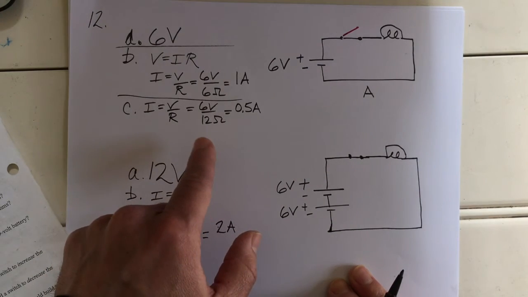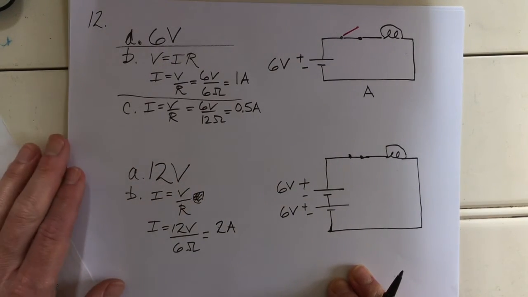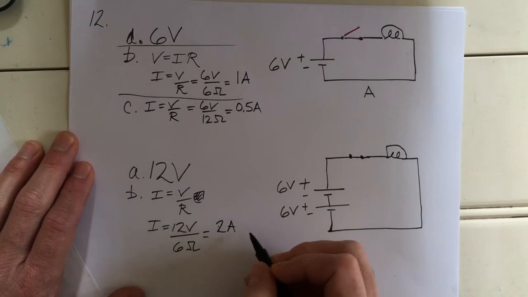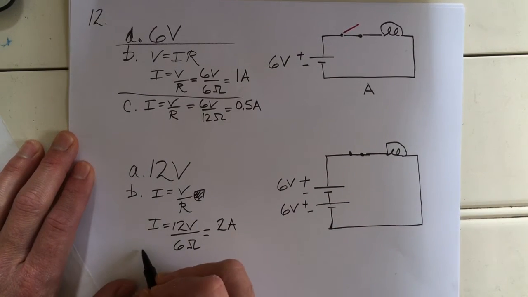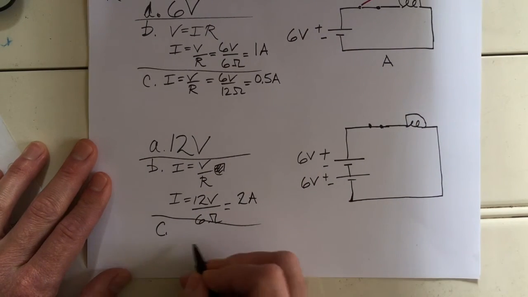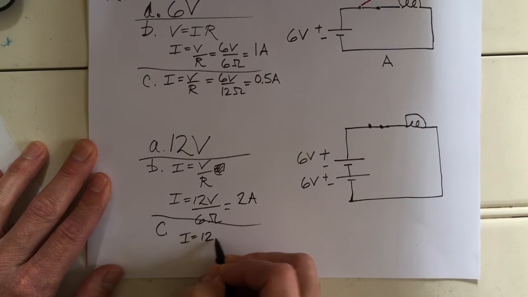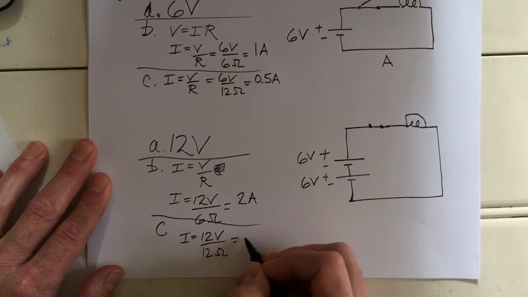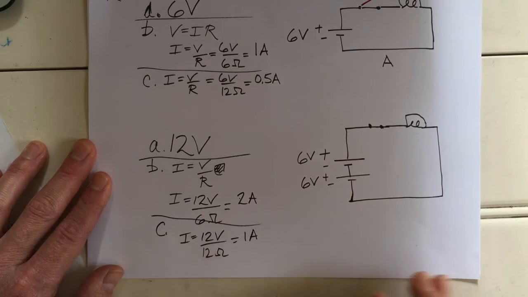So obviously an inverse relationship there between current and resistance. And then down here for part C, I equals 12 volts over 12 ohms, which once again is half the current. This will be 1 amp.